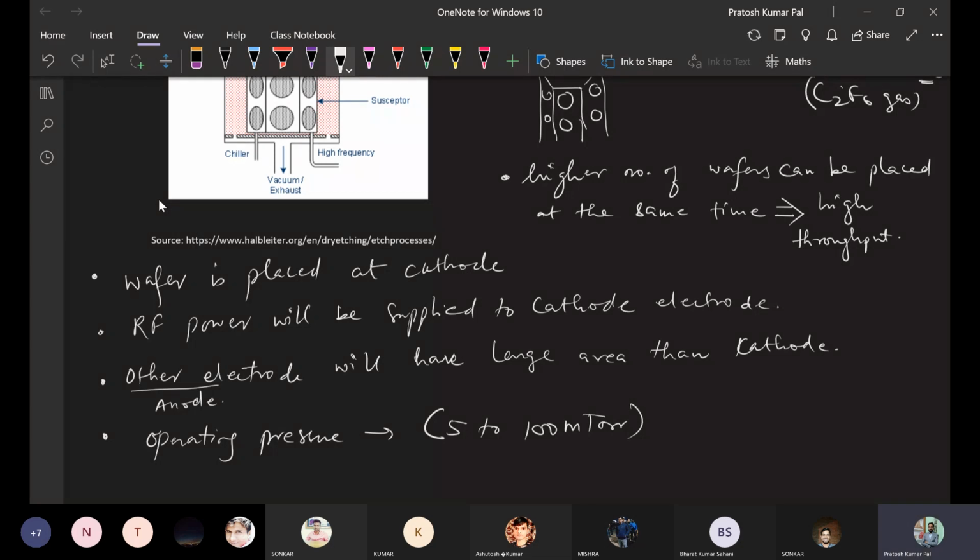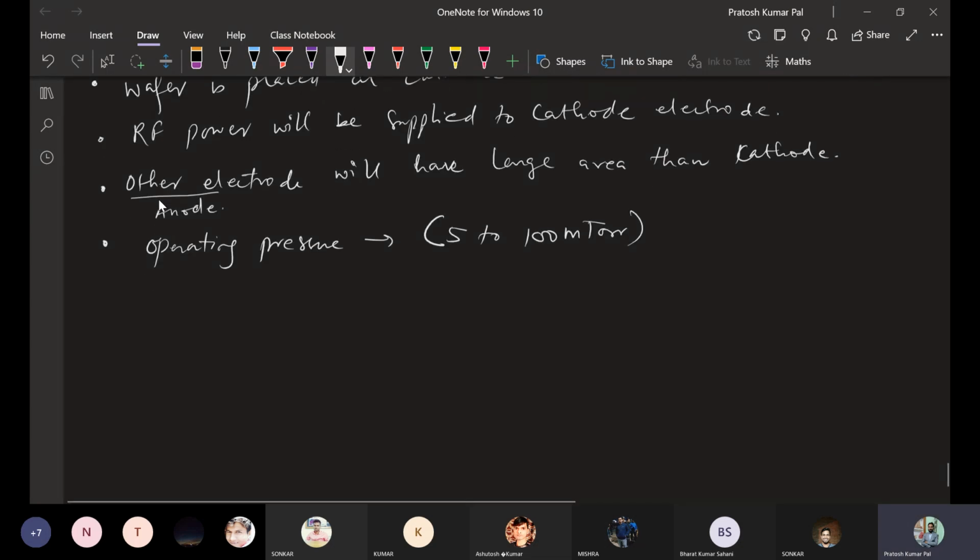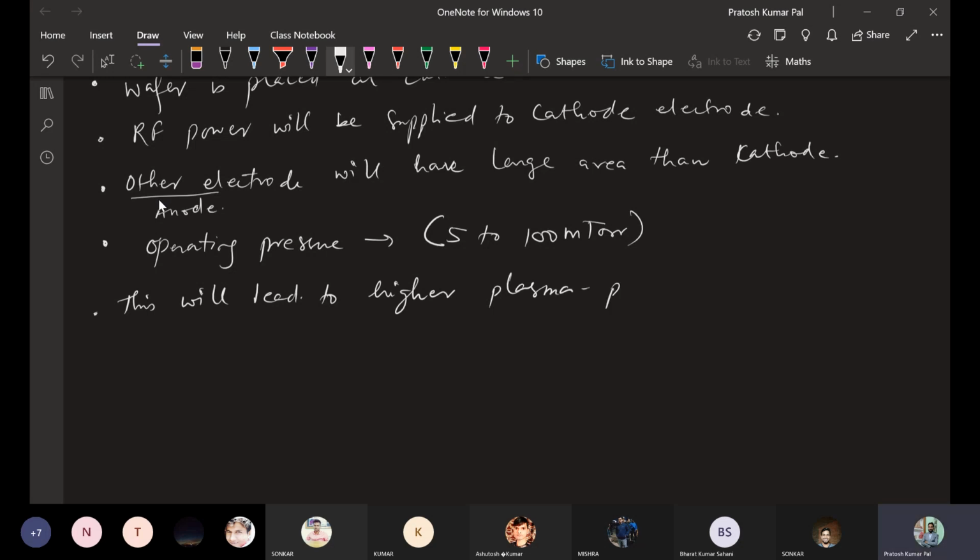As it has higher pressure, this will lead to higher plasma sheath potential.